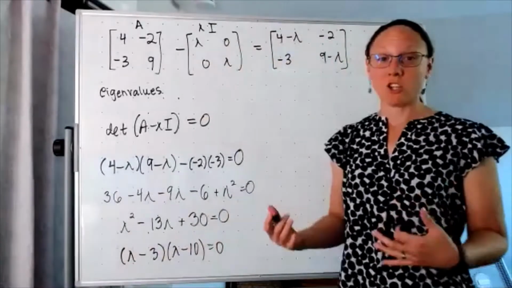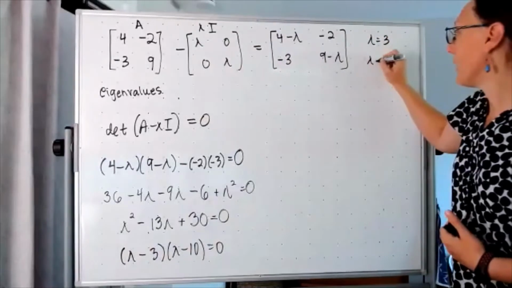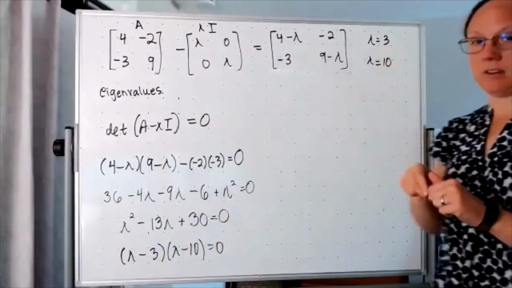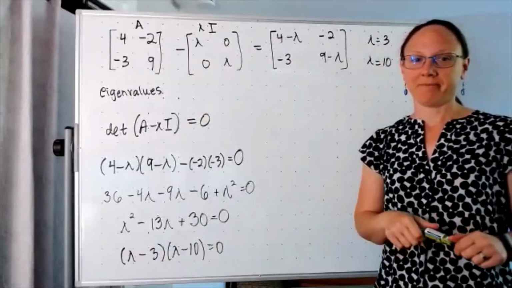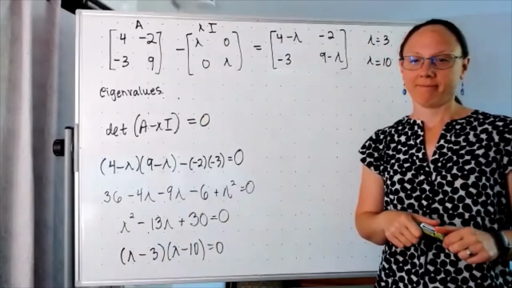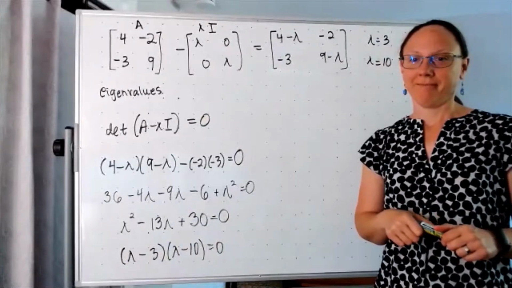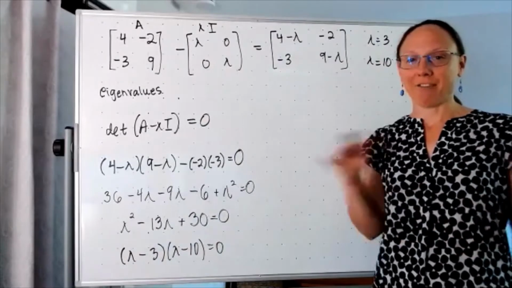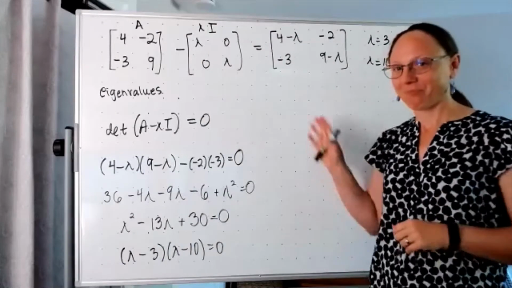So I now know that my two eigenvalues are 3 and 10. Does that match what you all got? I got a few yeses, so good. Probably means that I did my algebra right.